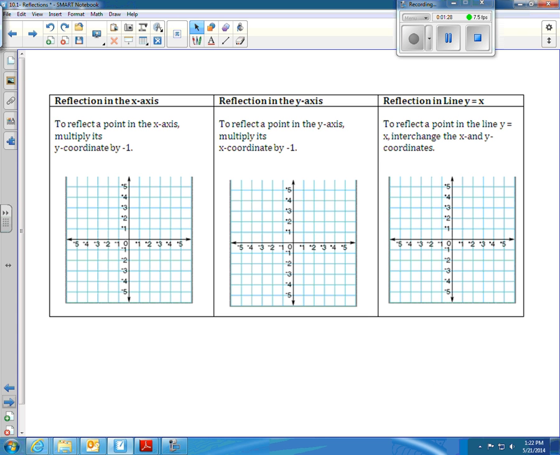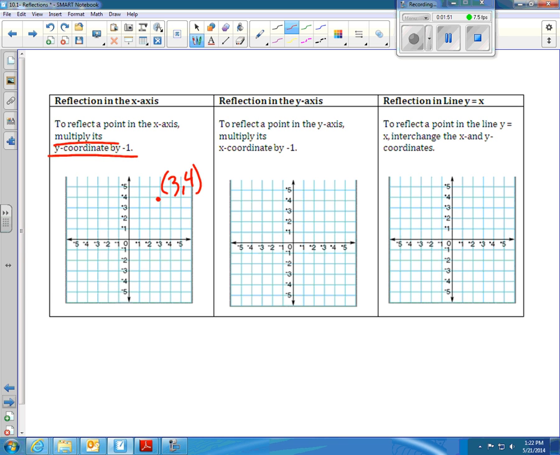So we have three different types of reflections we're going to talk about. Reflection in the x-axis, the y-axis, and in the line y equals x. So let's just start off with the x-axis. To reflect a point in the x-axis, you're going to multiply its y-coordinate by -1. So let's start with (3, 4).